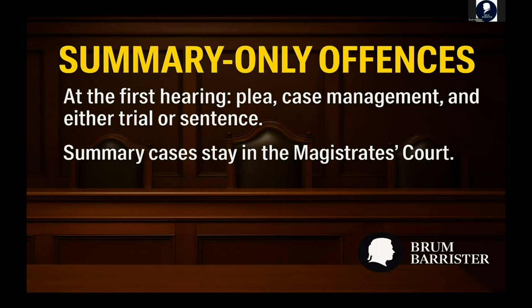Summary offences stay in the Magistrates Court. Indictable only offences get sent straight to the Crown Court, and either way offences could go either direction depending on the plea before venue and allocation, and we'll look at that now.